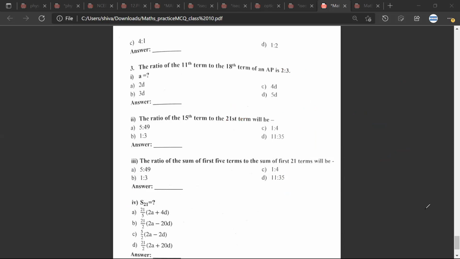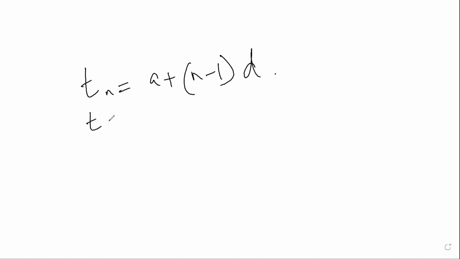No doubt, sir. So the formulas that we have used in this lecture are: Tn is equal to A plus (n minus 1) into D. Then this can also be the last term.